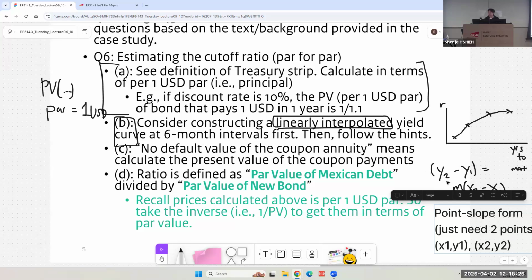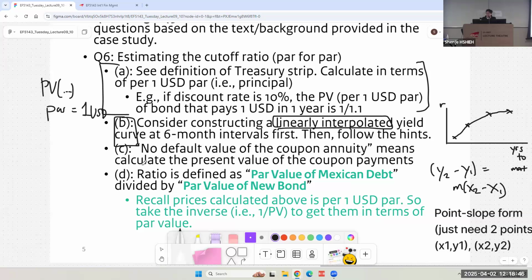Take the difference, calculate the slope between these 2 points, and use the slope to derive every 6-month increment, and use those discount rates to discount 6-month coupon payments. Okay, so that's the hint to construct a term structure.